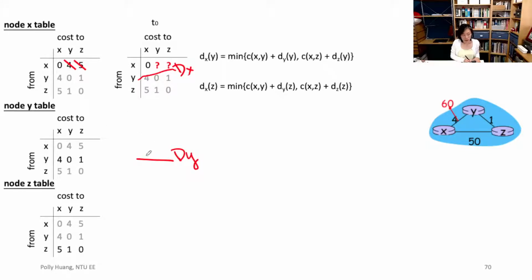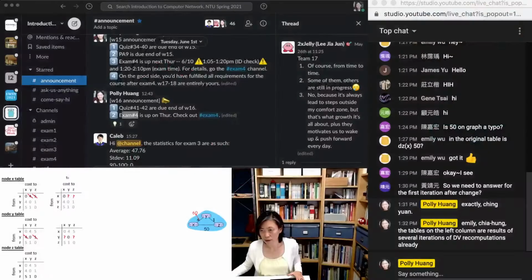For new dy, we need to recalculate dyx and dyz. And by the way, this is something that will definitely appear in the exam, so let's make sure that you get this right.